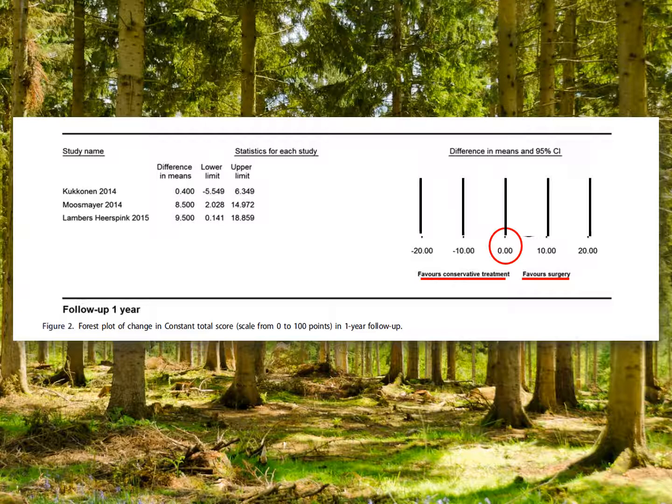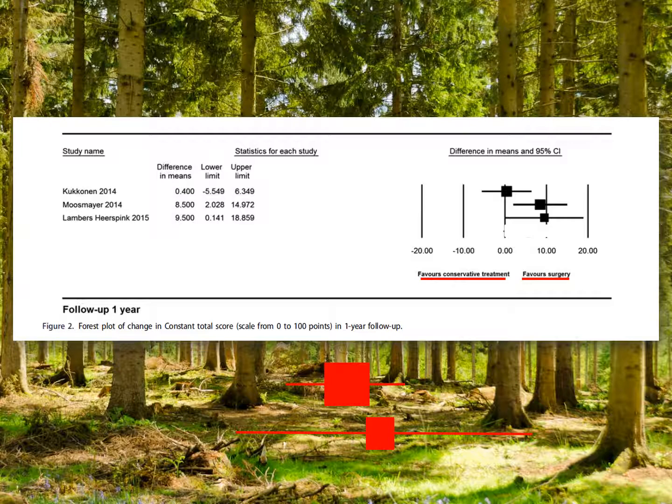And what we will do now is plot the results along these lines in a visual way. We put the mean in a square shape where the mean should be. Okay, 0.4, a little bit away from the 0, between 0 and 10. And the horizontal line is the confidence interval. Lower limit, -5, upper limit, 6.3.